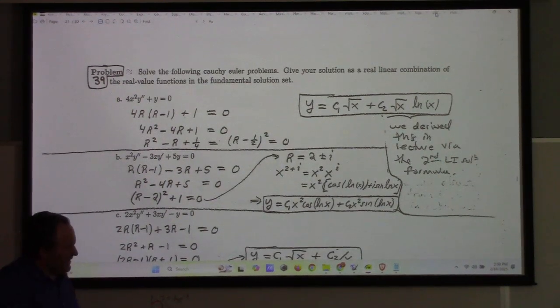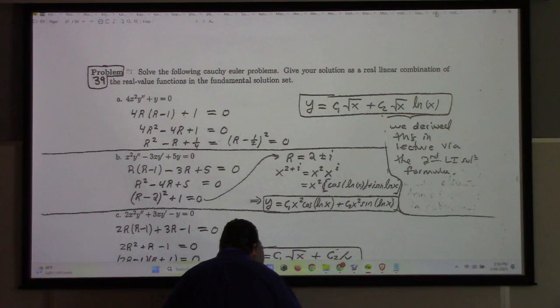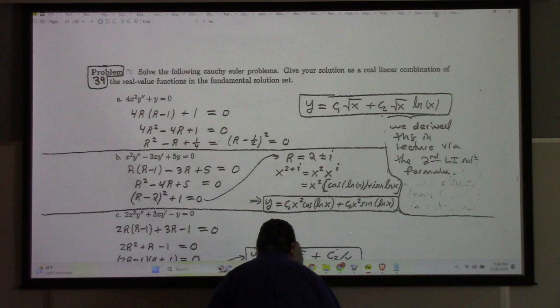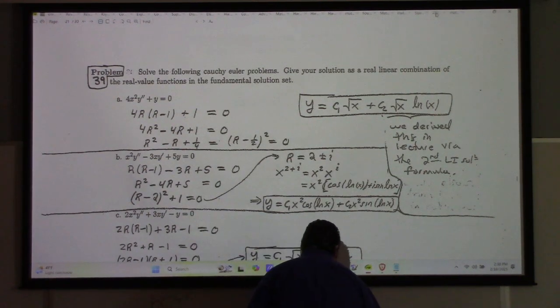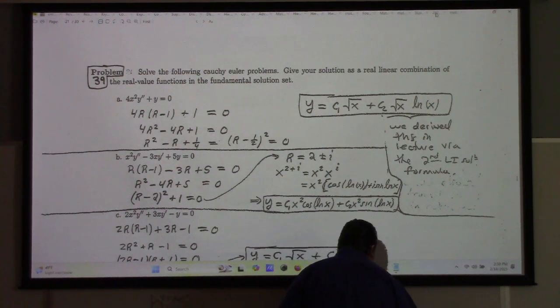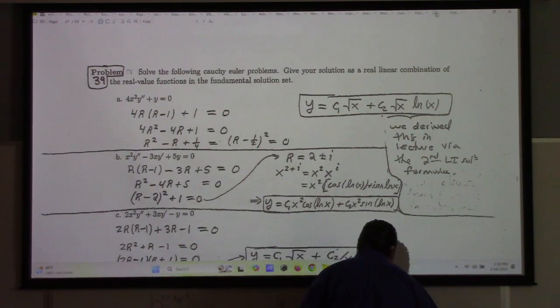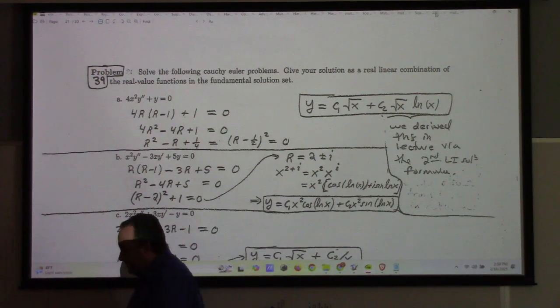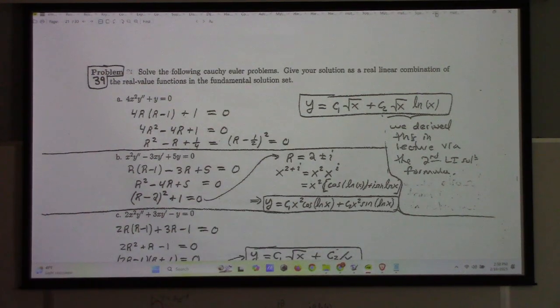Generally speaking, if we have x to the i beta, the way to do that is we think of it as e to the i beta natural log of x. So that's actually cosine of beta natural log of x plus i times the sine of beta natural log of x. So if we have a pure imaginary argument on x, it ends up giving us sines and cosines of logs.